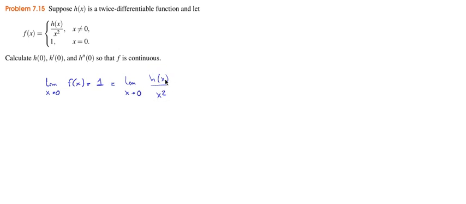So the limit when x goes to 0 of h of x, which is h at 0 because h is continuous, if this limit is different than 0, then this is something divided by 0, which is either plus or minus infinity. It cannot be 1. Okay, so we have that h at 0 has to be 0 in order for this limit to be 0 divided by 0, and not infinity.